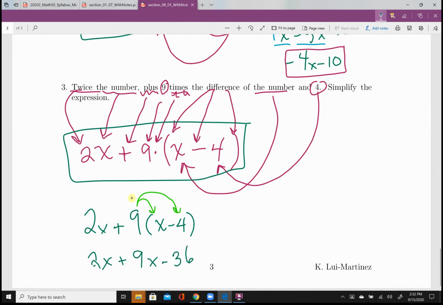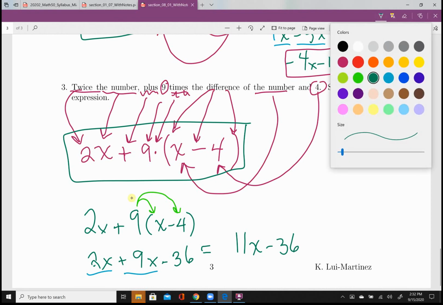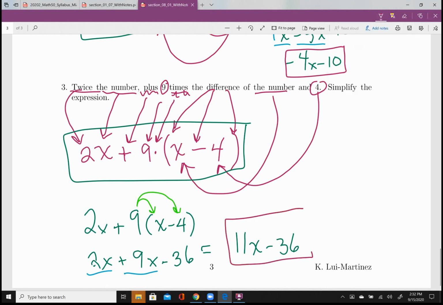The x terms can now be combined, and it looks like it'll give me 11 x's altogether. 2x plus 9x giving me 11x minus 36. And that is my final answer, addressing the prompt to simplify the expression.